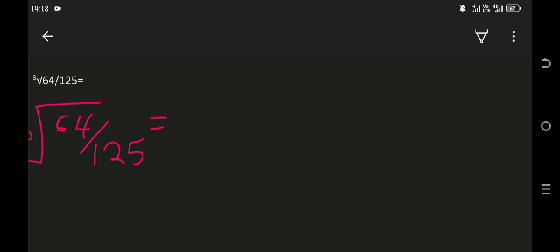Now we'll find the factors of 64 and we will find the factors of 125.